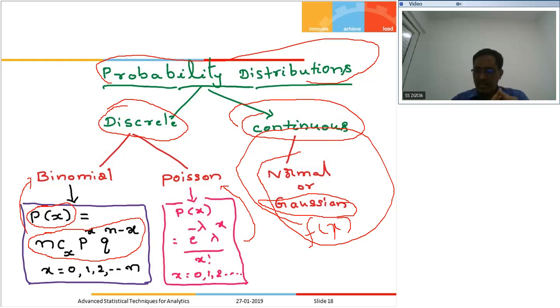One is N, the total number of trials, and the second one is X. What does X stand for? The number of successes. And the third one is P, the probability of success. But if you consider Q also as a parameter, it is not correct. Only 3 parameters are required for the binomial distribution.